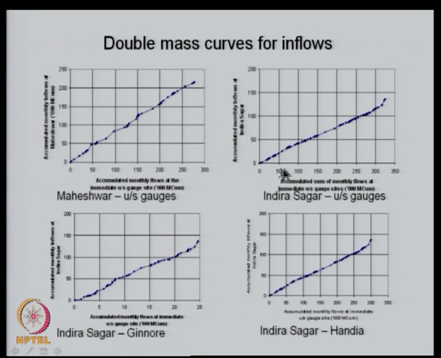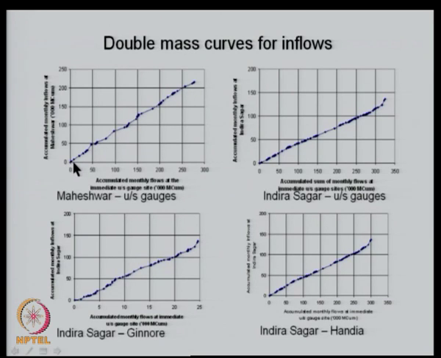Similarly, Indira Sagar, all the upstream gauges and the accumulated flows, and between Indira Sagar and Ginore and the upstream gauges here, and Indira Sagar and Handia. Here we are looking at all the upstream gauges. Here only one upstream gauge with respect to Indira Sagar, another upstream gauge with respect to Indira Sagar, and so on. So, like this we do several types of consistency checks with respect to several different combinations of the upstream gauges.